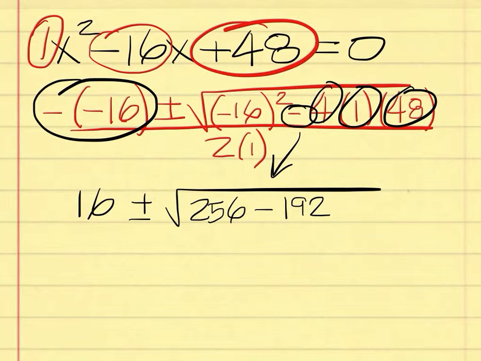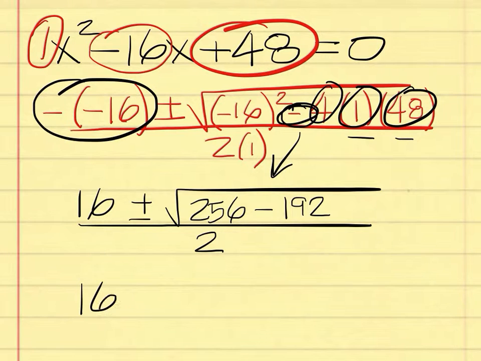If there were a minus sign and one negative over here, it's going to make it plus. If it's a minus sign and two negatives, it's going to make it minus. It's a matter of odd and even. Even number of signs is going to be plus. Odd number is going to be minus. On the bottom you have a 2. 256 minus 192 is 64.